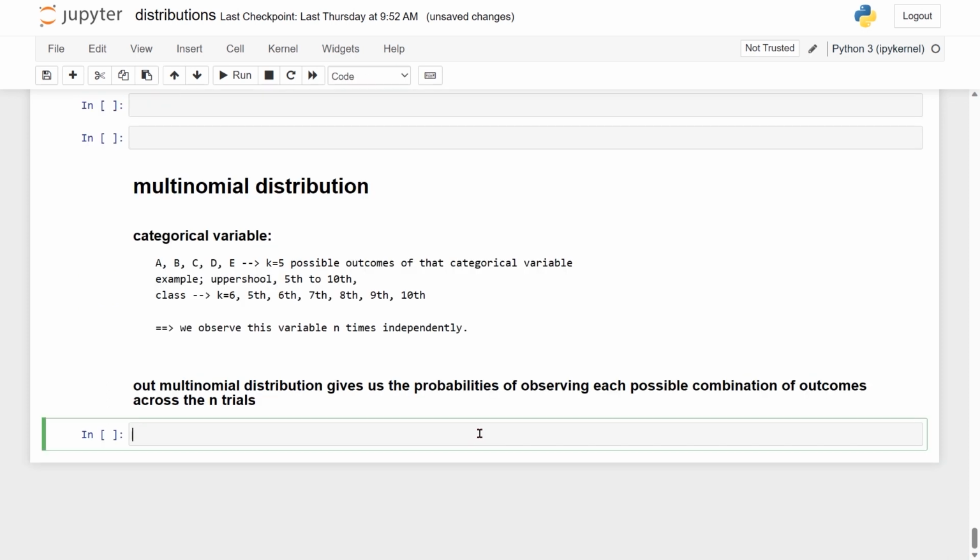So now let's write the probability mass function, the PMF, of the multinomial distribution here.